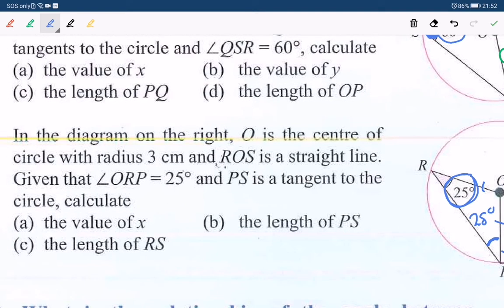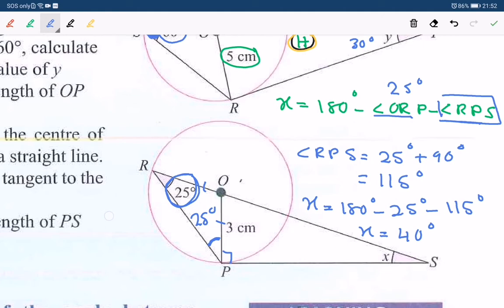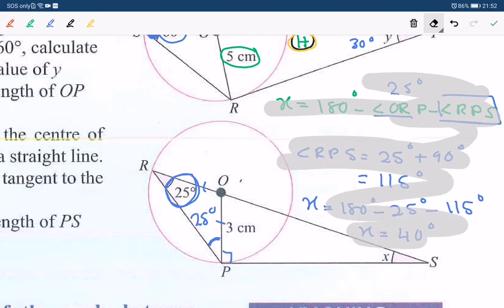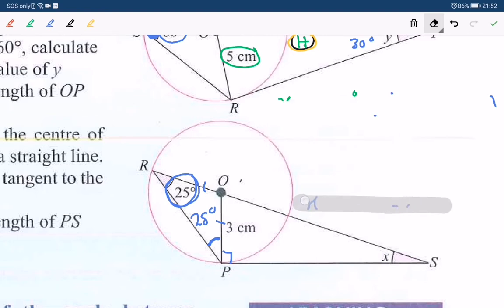Next, they ask us to find PS. Let's erase all of this. We want to find PS. Where is PS? PS is from here to here.